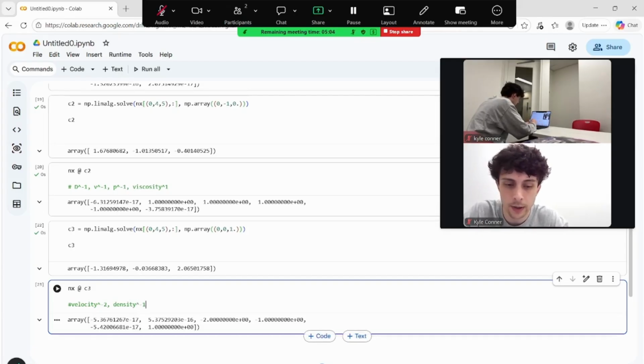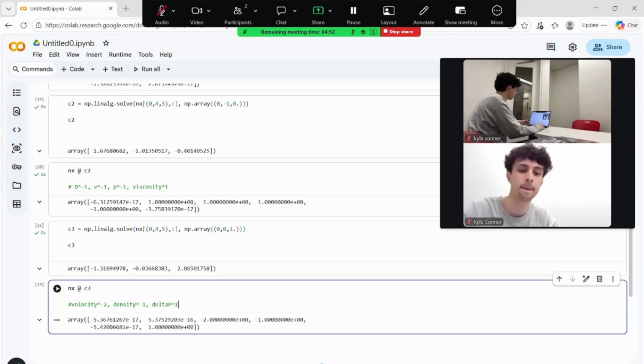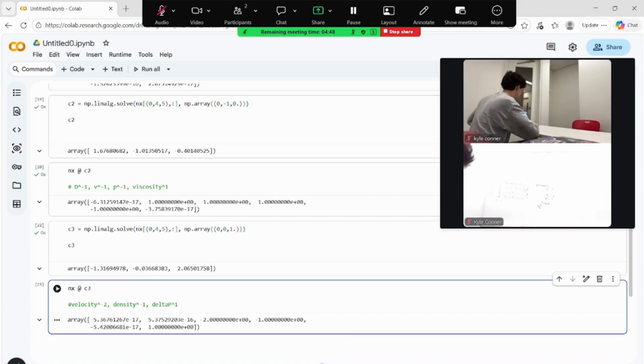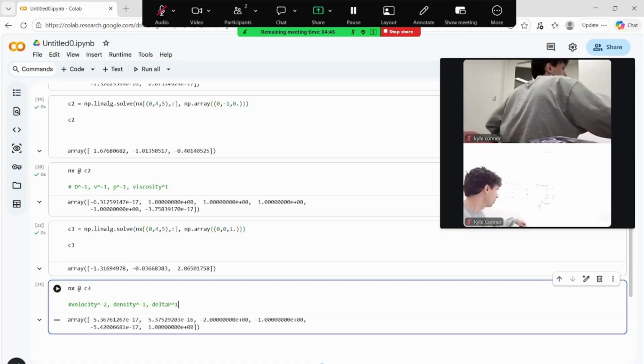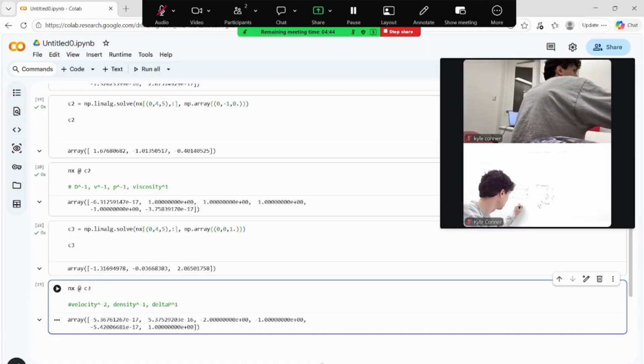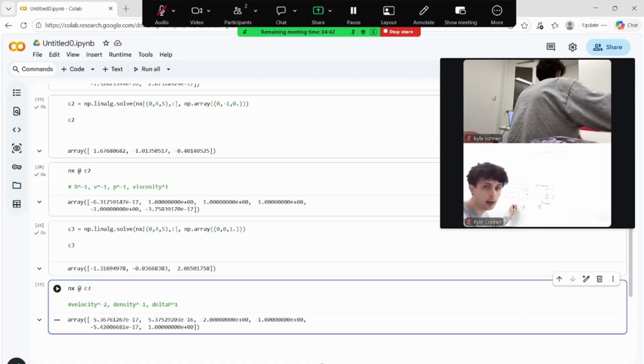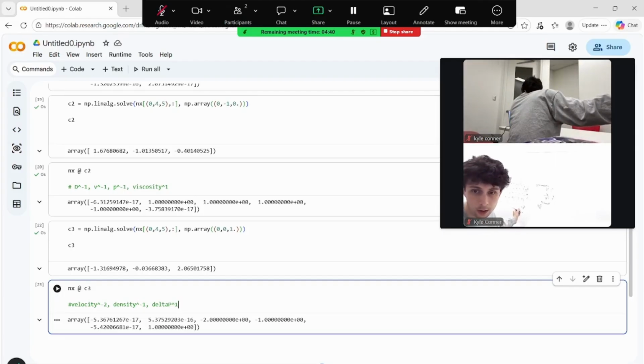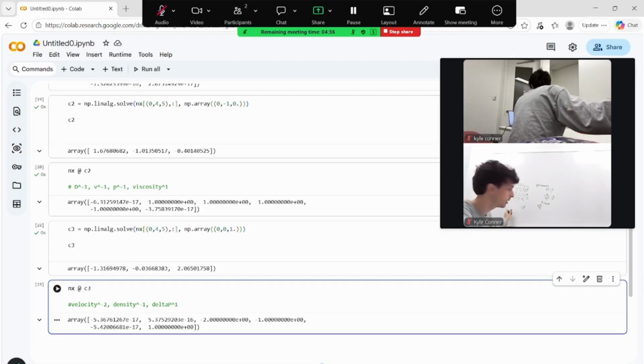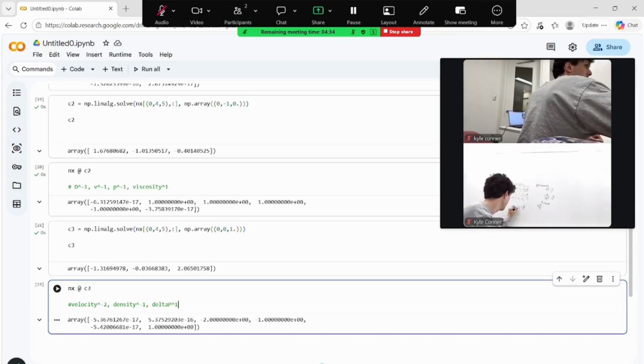And then we have 0, and then we have our difference in pressure is 1. So what is that? That is for our pi 3. We have the velocity and density on the bottom. That velocity is squared, and then we have our delta P on top.